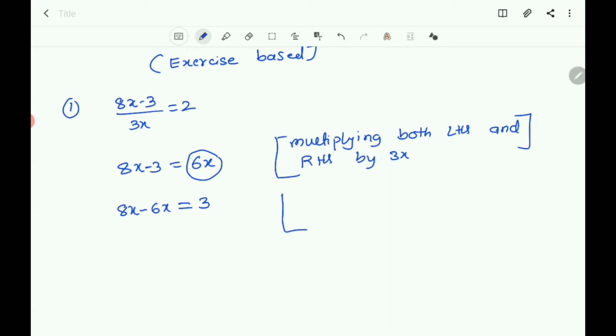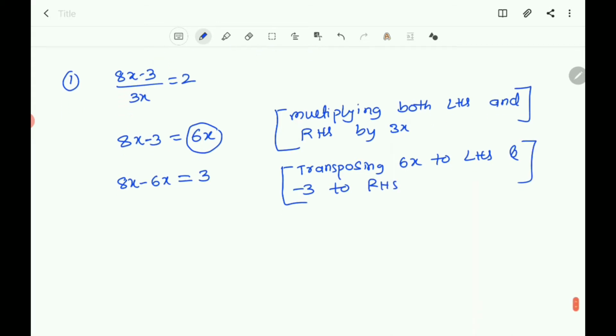So what you have done here? Transposing 6x to LHS and minus 3 to RHS. You got it? Then 8x minus 6x is equals to 2x is equals to 3.